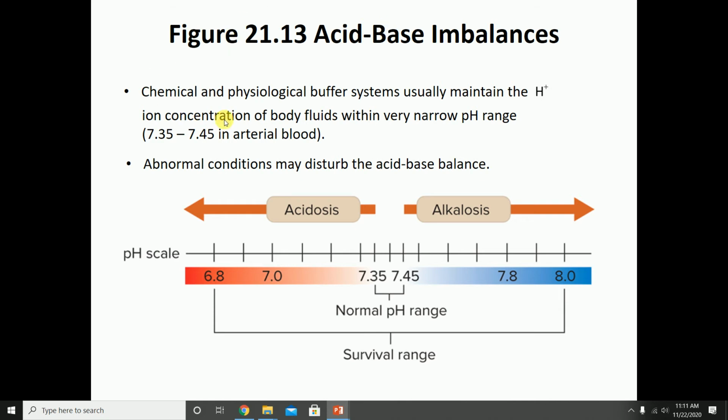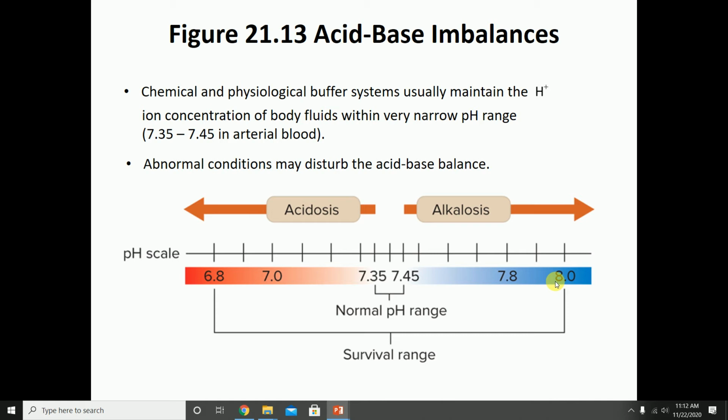So we want to talk about what acidosis and alkalosis are. These are two abnormal conditions of the body. Again, our normal pH range, 7.35 to 7.45, is a very small range. And you can see here that the survival range of pH is between 6.8 and 8.0.